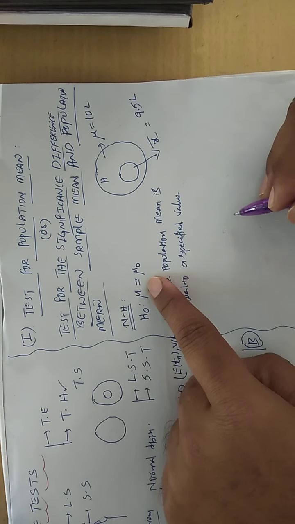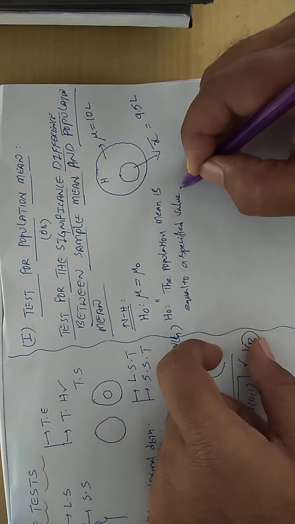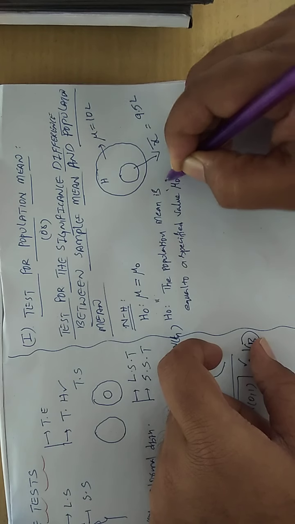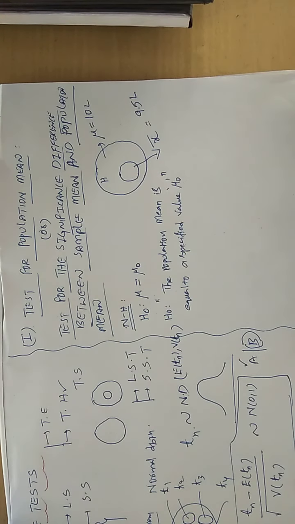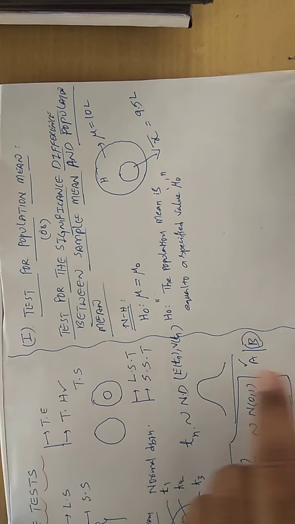What is the specified or given value? Mu naught. So we need to test whether the population mean mu is equal to mu naught or not. This is called the null hypothesis.